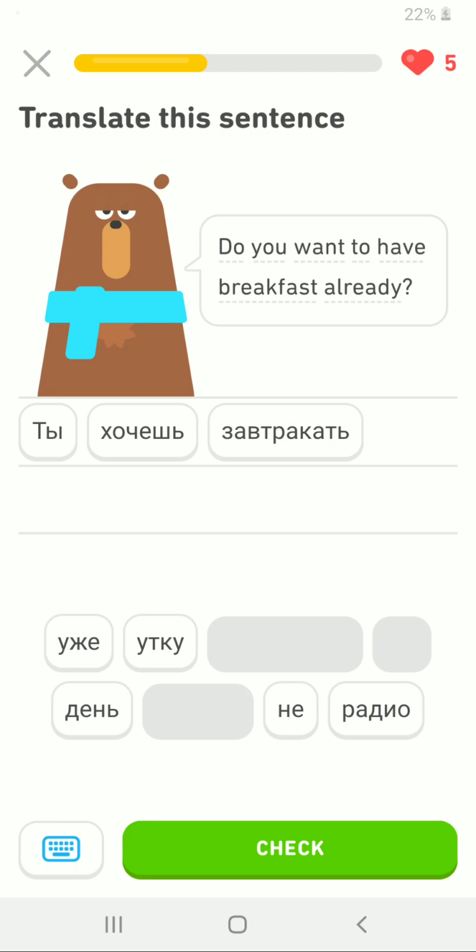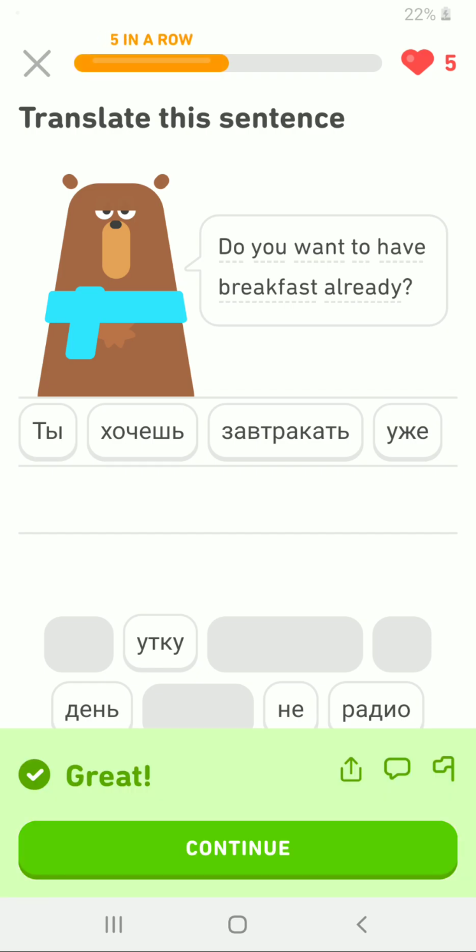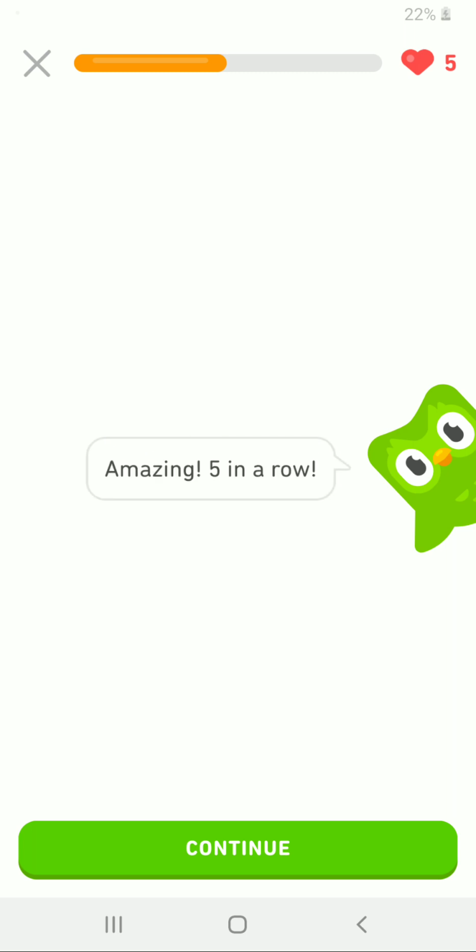There is a verb in Russian for that. So завтракать. Ты хочешь завтракать уже? It's written уже, but it's pronounced a bit differently. And so that's a question. Should be good, right? It is.